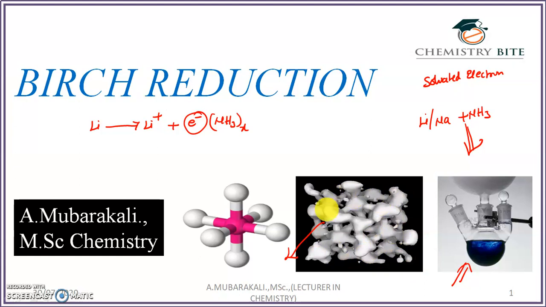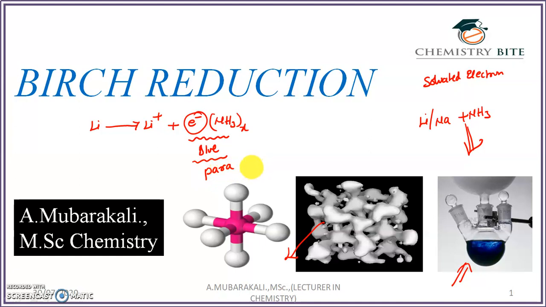This is the solid structure of ammonia. In these cavities, with the right shape and right gap, the electron gets trapped. Because of these free electrons trapped between the cavities of the ammonia molecules, this solution gets an intense blue color, and we can consider this solution as a paramagnetic solution.